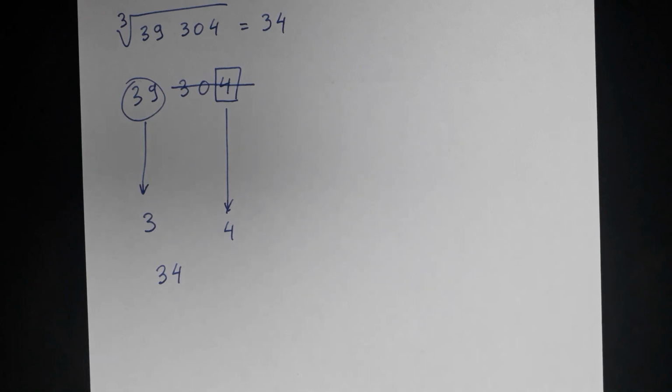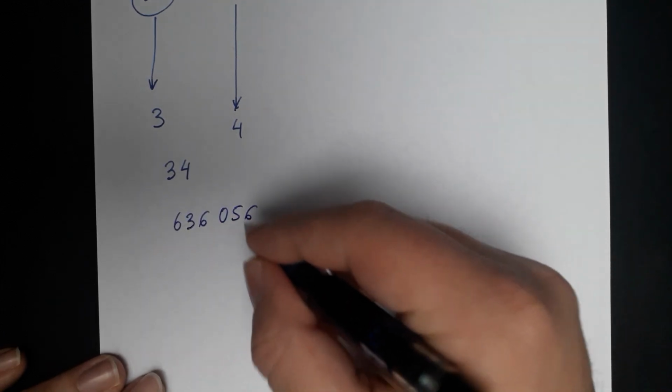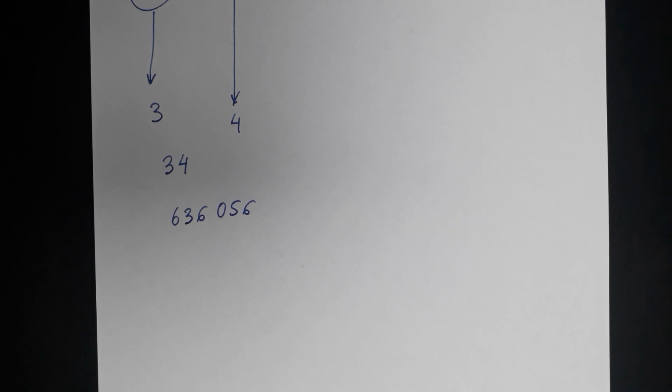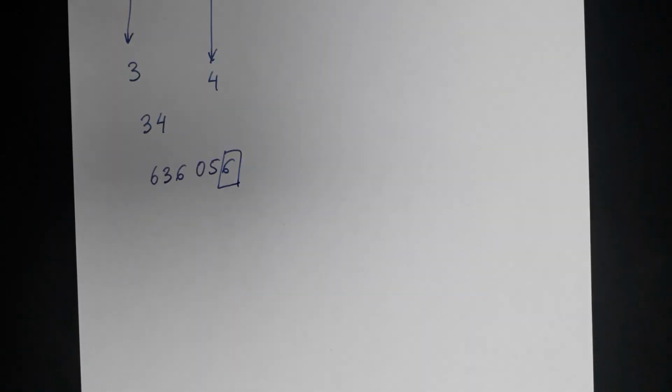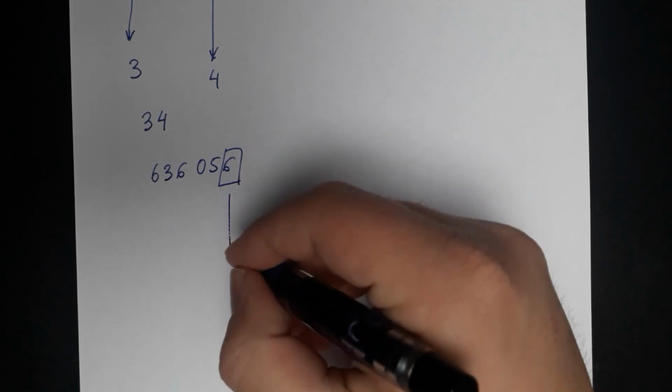Let's work out one more example. Imagine that your friend who you are playing this game with has imagined the number which has a cube of 636,056. You are going to look at the last digit of this number, and that is 6. When the last digit is 6 in our table, that corresponds to number 6.